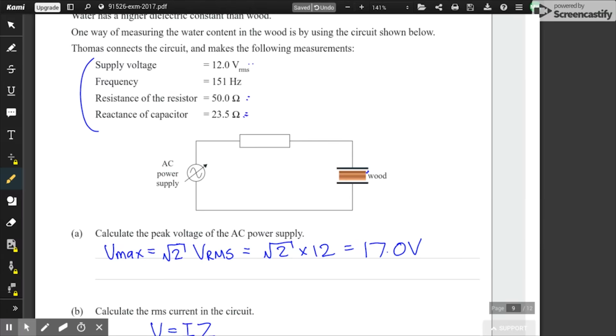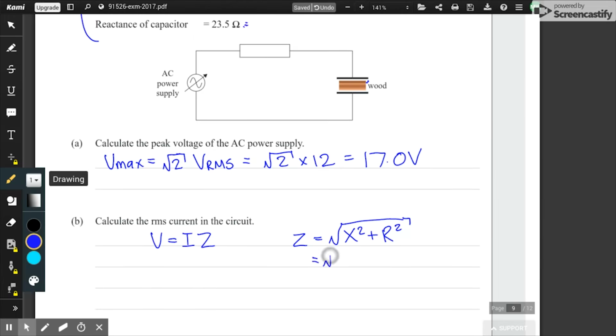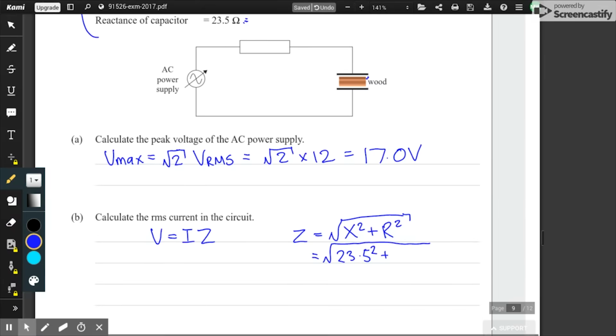Now, the equation for our impedance is the square root of our reactance squared plus resistance squared. Now, knowing both, we can just put our numbers in, which gives me 55.2 ohms.